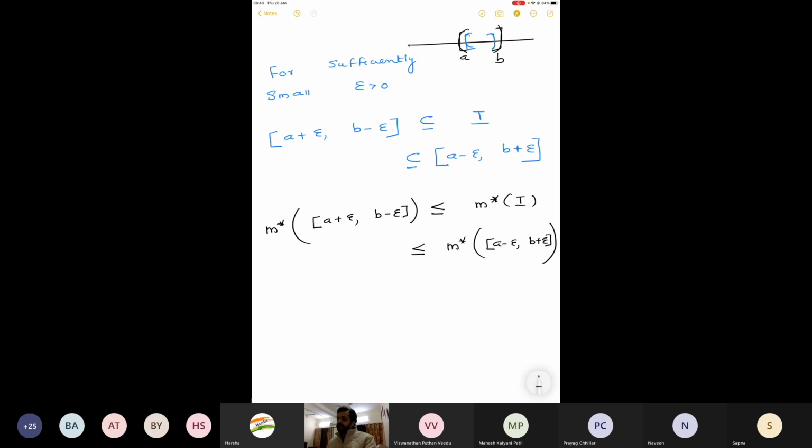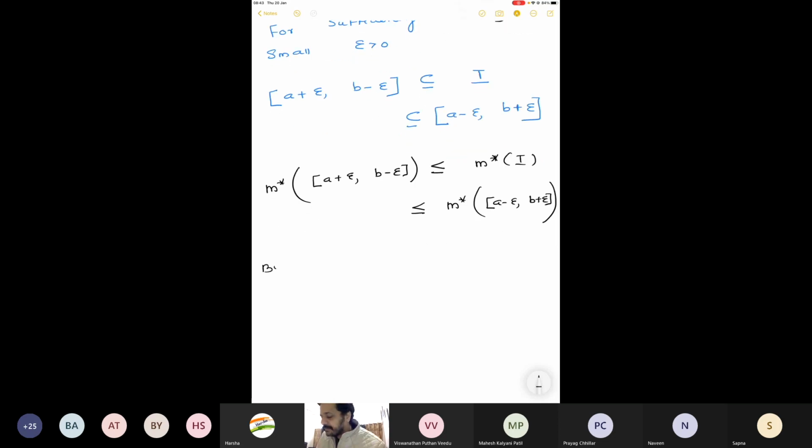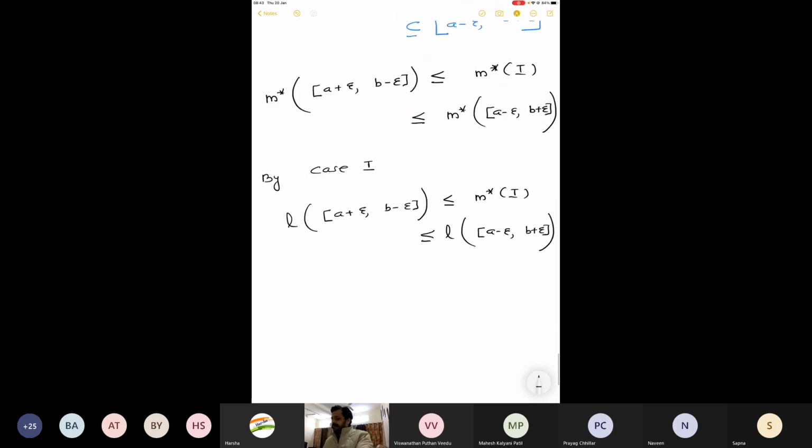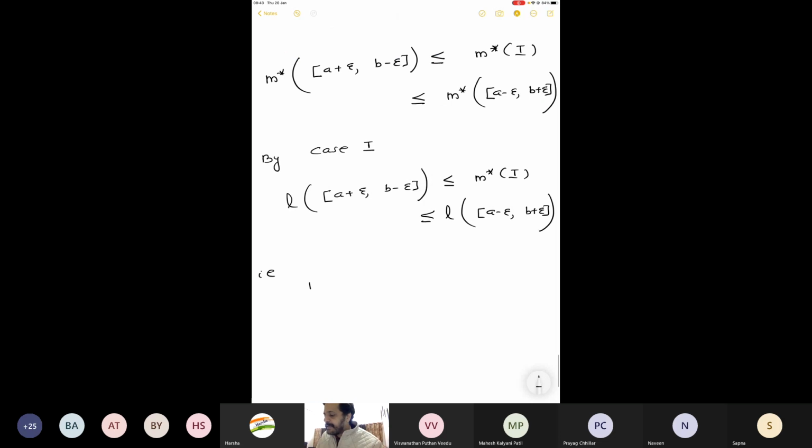Since these are closed bounded intervals, by case 1, M star coincides with the length, so the length of [A plus epsilon, B minus epsilon] is less than or equal to M star of I, which is less than or equal to the length of [A minus epsilon, B plus epsilon]. That is, B minus A minus 2 epsilon is less than or equal to M star of I is less than or equal to B minus A plus 2 epsilon.